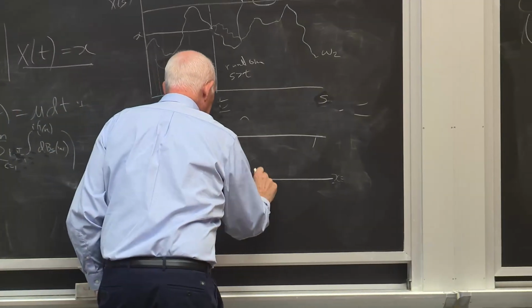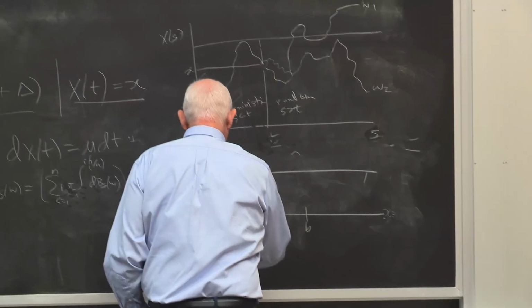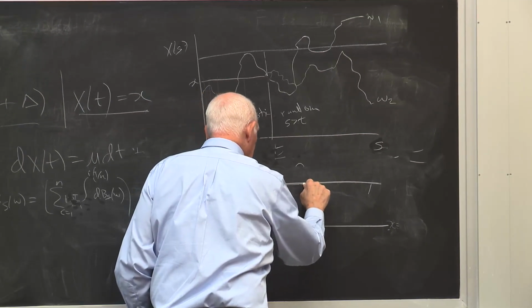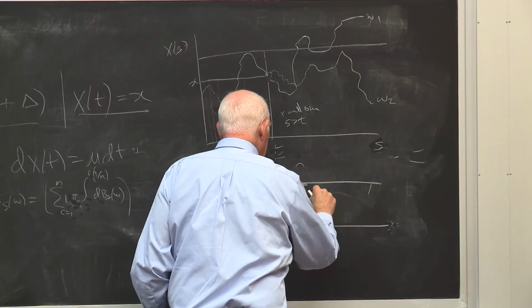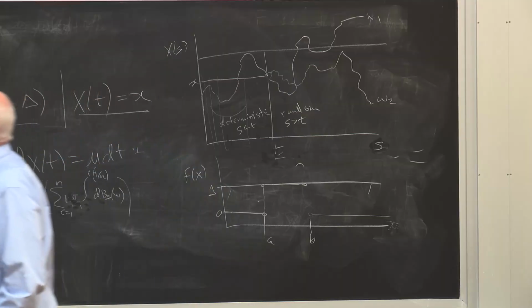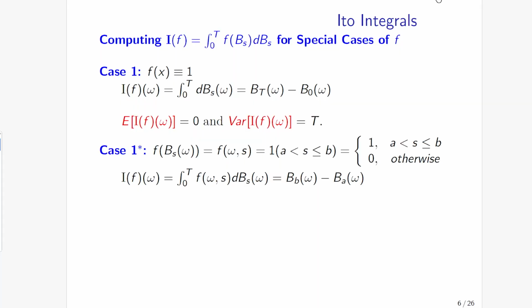So we have a and b here, and we have 0 up to a, and then it equals 1 up to b, and then it's 0 beyond. Then this Ito integral is essentially looking at the change in Brownian motion from time a to time b. So no surprise that that's a reasonable definition.